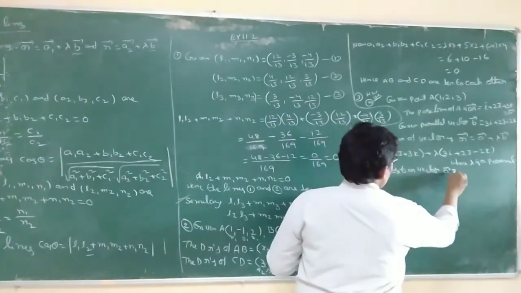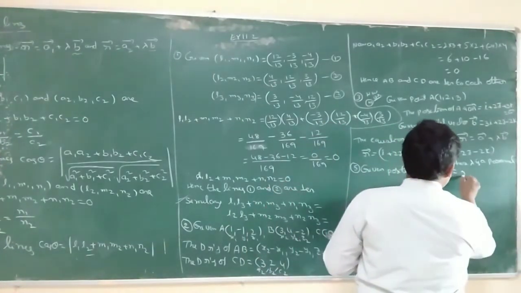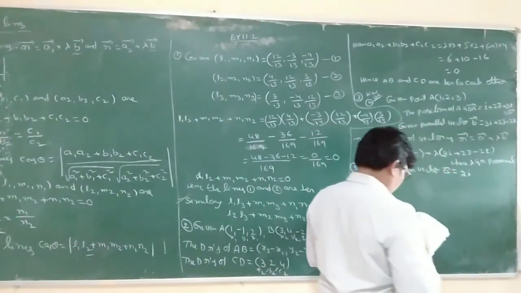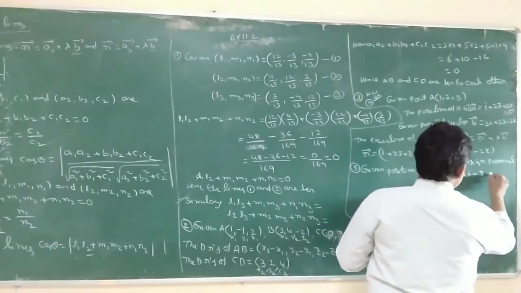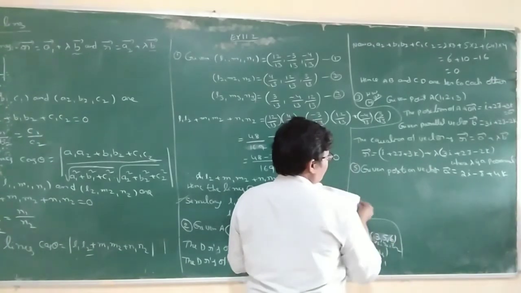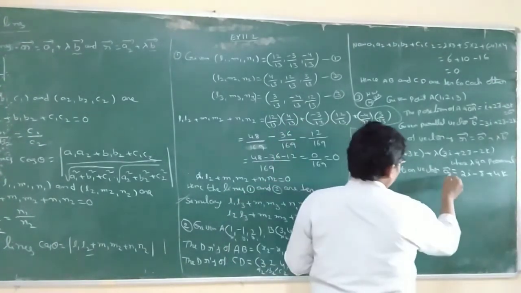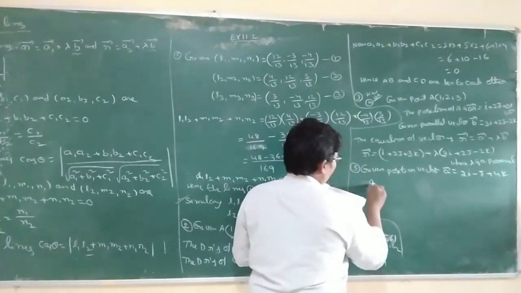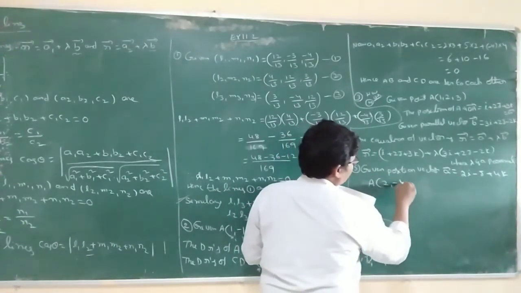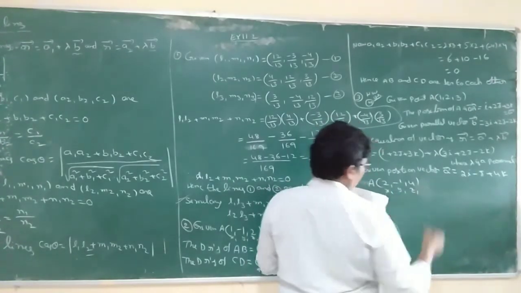Given position vector a bar is equal to 2i minus j plus 4k, fifth problem. So the position vector of A means OA. A is equal to, the position vector is converted into a point, for example (2, minus 1, 4), that is x1, y1, z1.